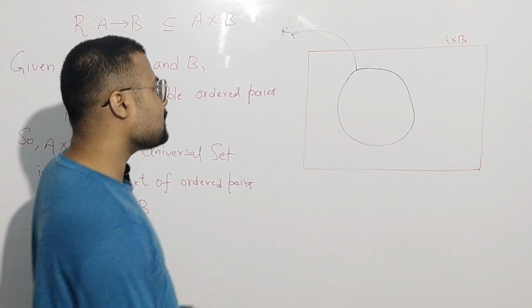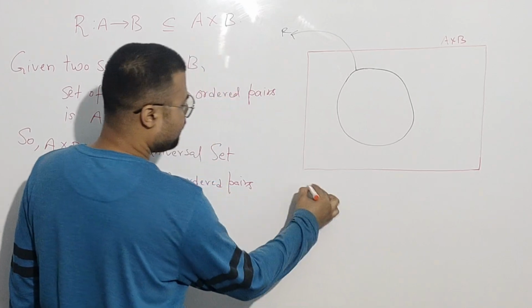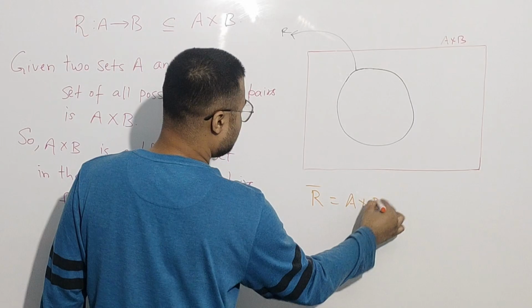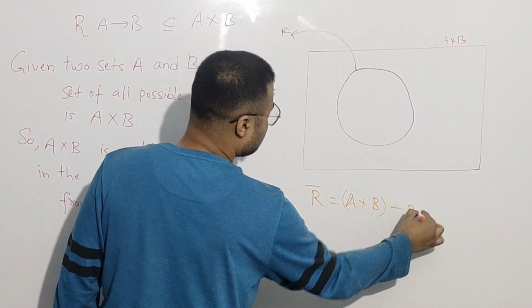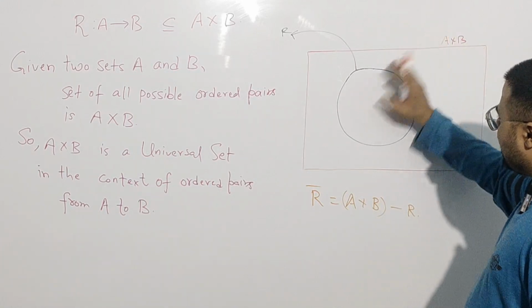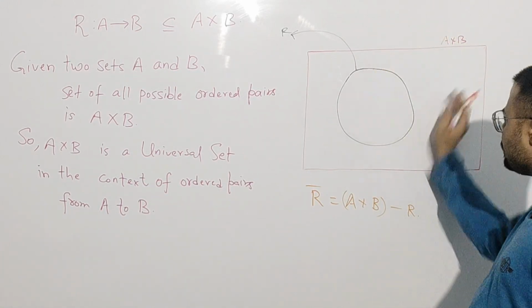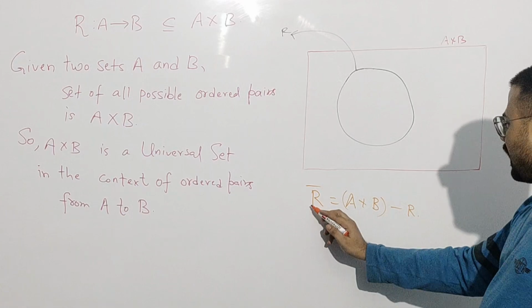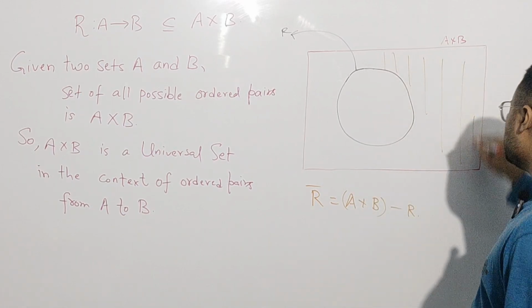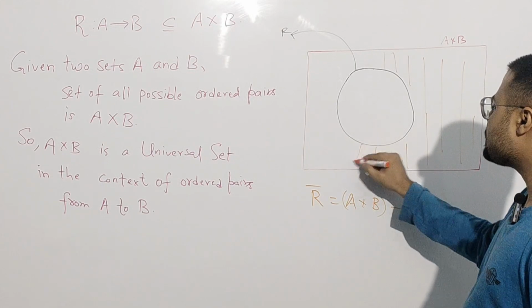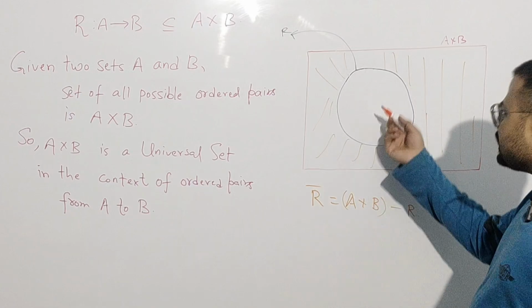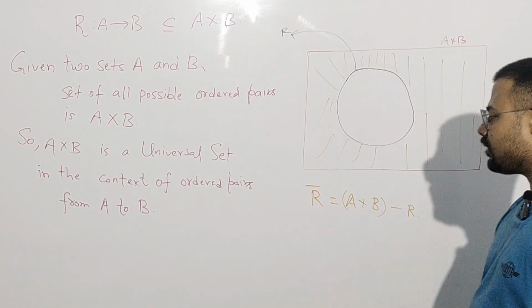The complement of R is R complement equal to A cross B minus R. A cross B has the set of all possible ordered pairs, and any relation has a subset of those ordered pairs. So whatever ordered pairs are not in this set will come under R complement.